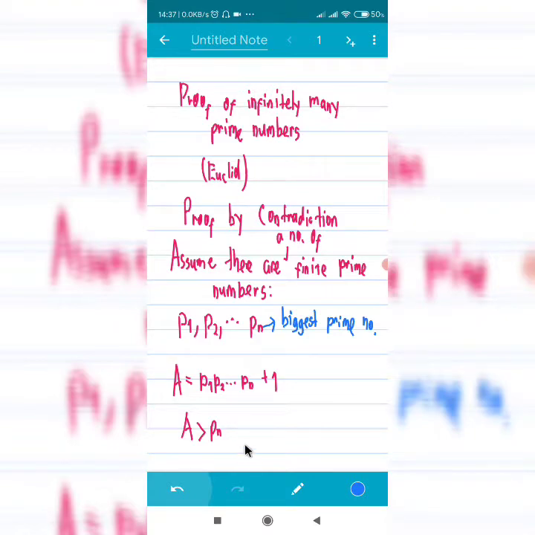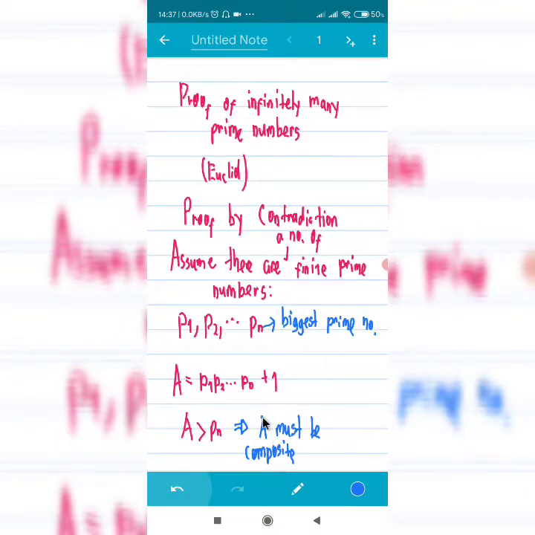And what that tells us is that A must be composite. Composite means not prime, so it must have at least one factor that isn't 1 or itself.